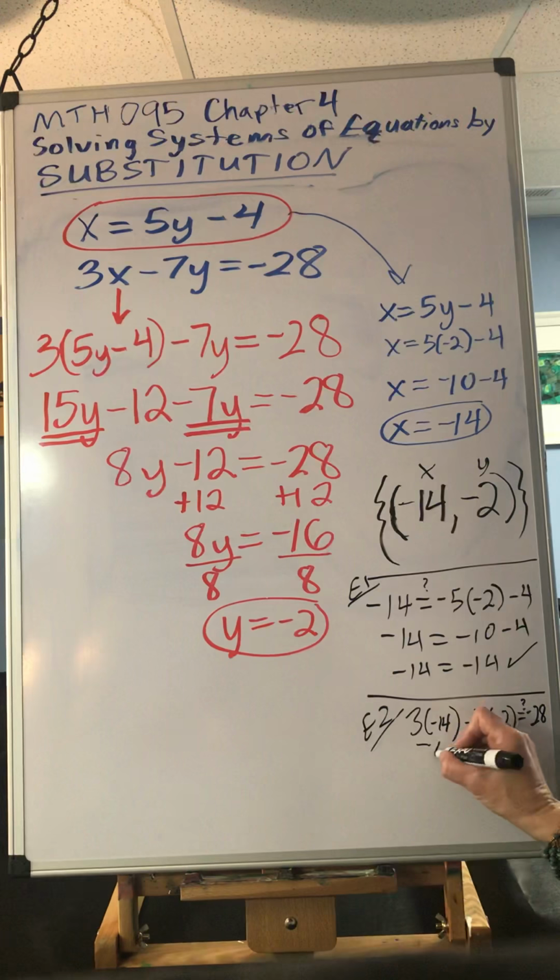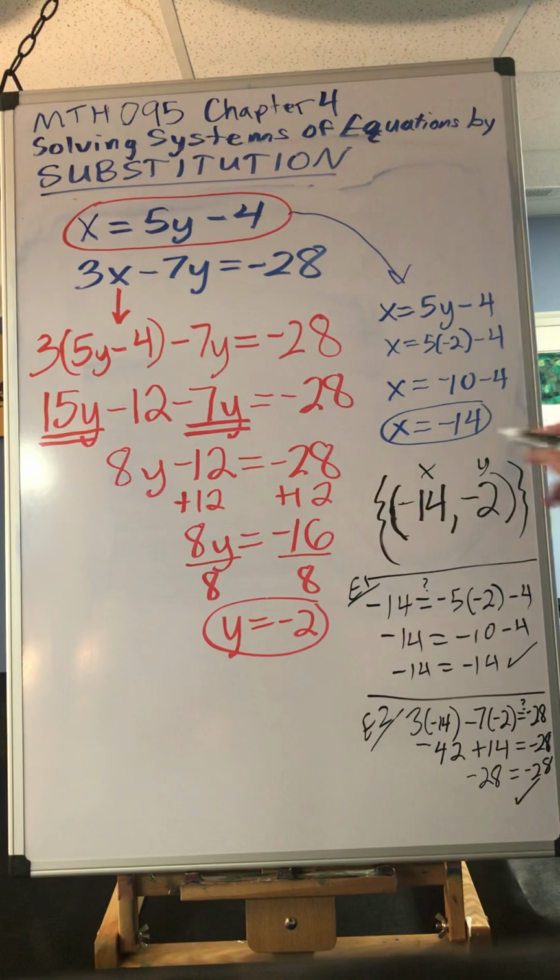So negative 42, two negatives make this a positive 14. And when you add numbers with different signs, you subtract and get negative 28. So that indeed holds true as well. So this is our solution, negative 14, negative 2. And that solution holds because we checked it and it has to work in both equations.